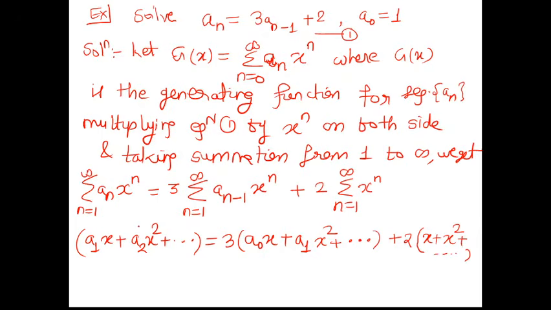Now what do we do? The generating function starts from a0, then plus a1x plus a2x square and so on. So remember here, whatever will be the suffix of this a, the same should be the power of x. So a1x is there, but the generating function starts with a0, right?